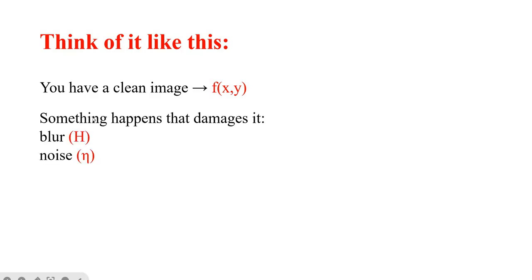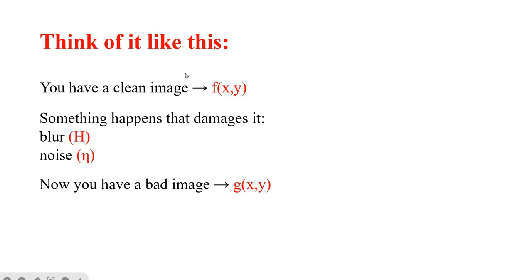And also we can think of it this way, which will make this easy to understand: you have a clean image f of xy. Now something happens to that image. Suppose there is some damage to that image because of the blur h and the additive noise nu. So now what happens?